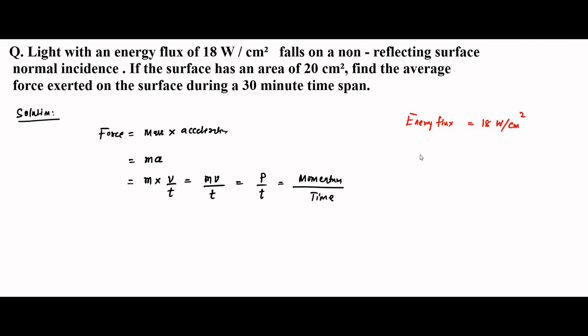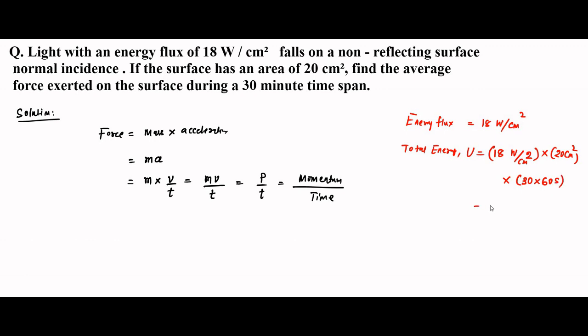So if we have to determine the total energy, let's say capital U, that will be equal to this energy flux, watt per centimeter square, multiplied with the area, which is equal to 20 centimeters square, then the time converted to seconds, that is 30 minutes into 60 seconds.